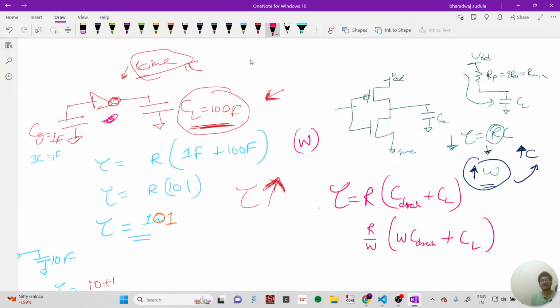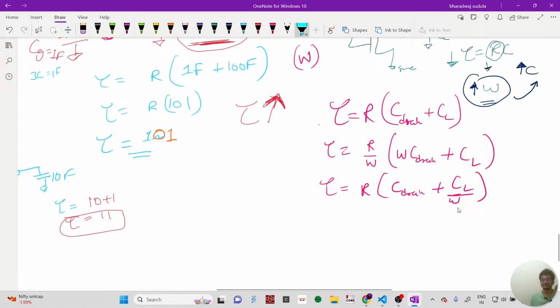In reality, it comes from other logic gates. So you get drain cap plus CL by W. So if you size the inverter, the delay reduces, which is evident in this expression.